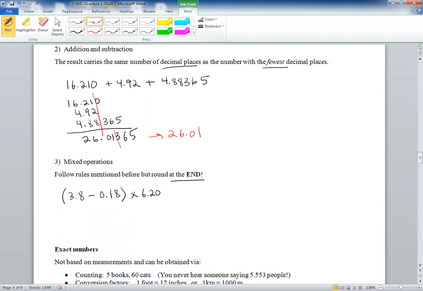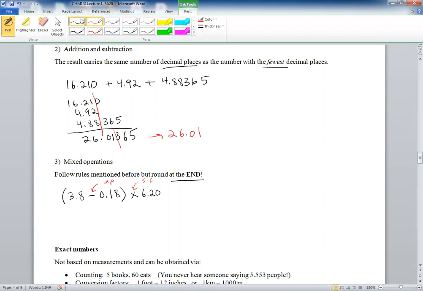Well, I would have to remember that what I have here is subtraction, and subtraction goes with decimal places, the least number of decimal places. And this rule right here is multiplication, so this goes with the least number of sig figs. So here's what we do.